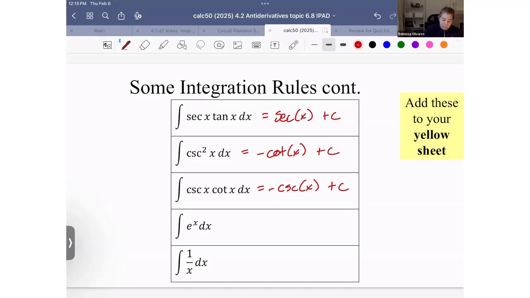The next one, e to the x, that's the best one, is just e to the x plus c. And then the next one is the natural log of the absolute value of x plus c. Now, the absolute value technically is required.